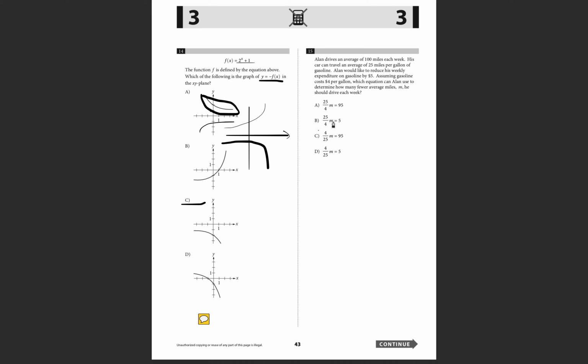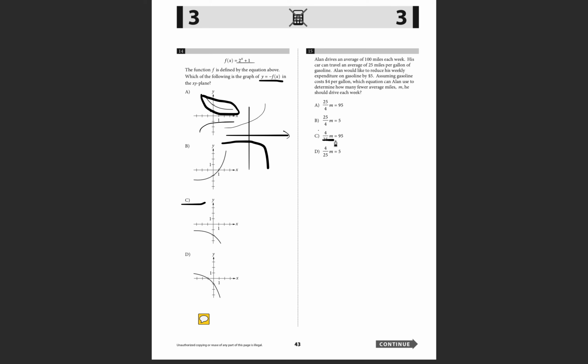We know that m is the number of miles, and we divide it by 25, which is how many miles per gallon of gasoline.